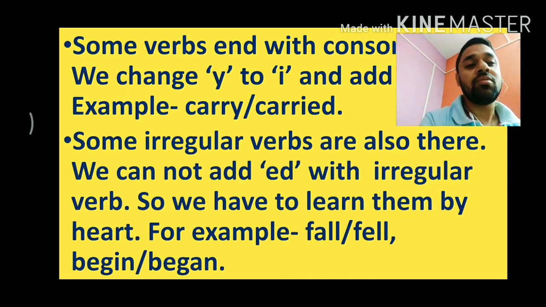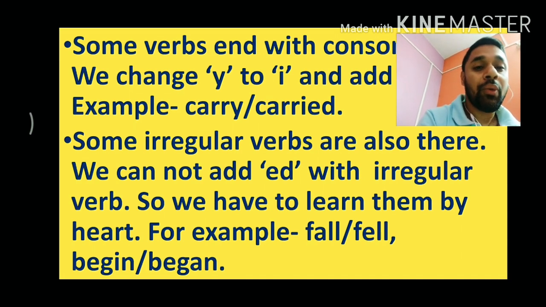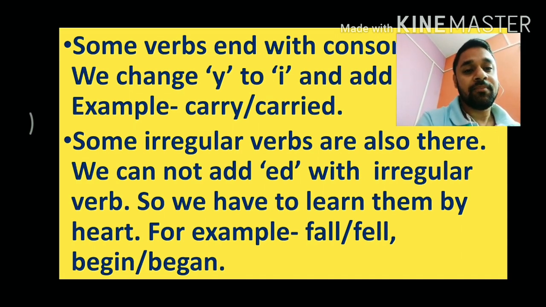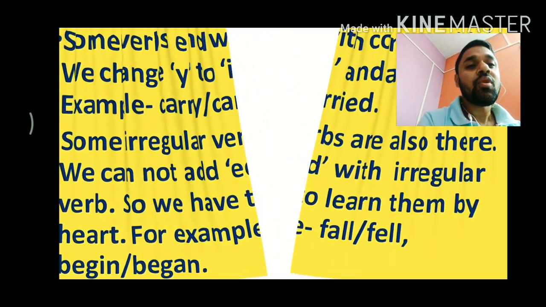Some irregular verbs are also there. We cannot add ed to irregular verbs, so we have to learn those irregular verbs. What are the irregular ones? Like fall, fell, grow, grew, go, went, begin, began.